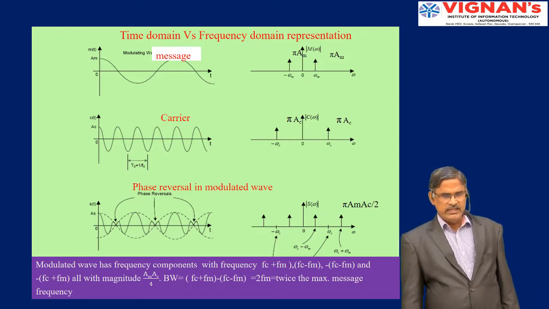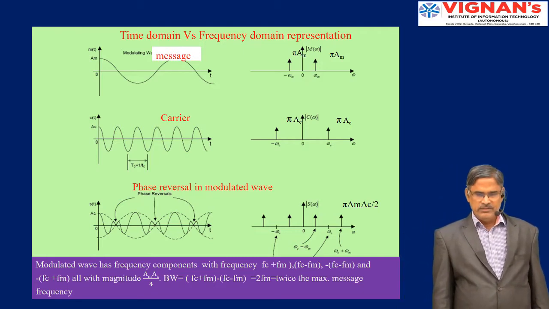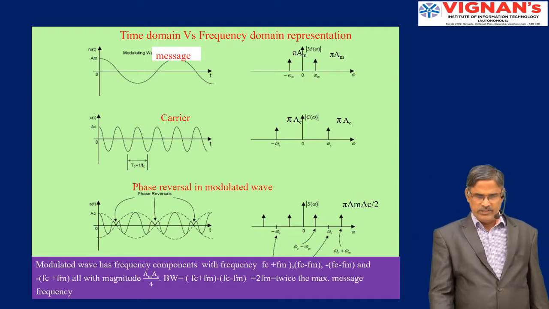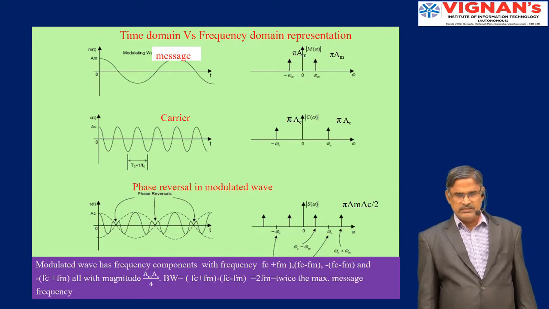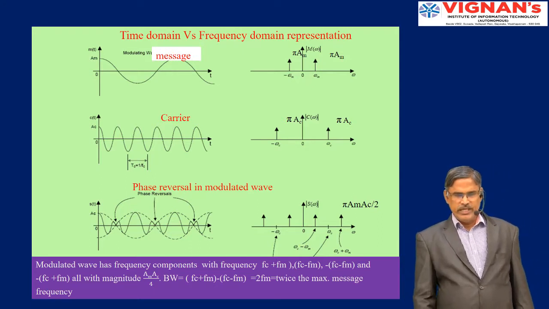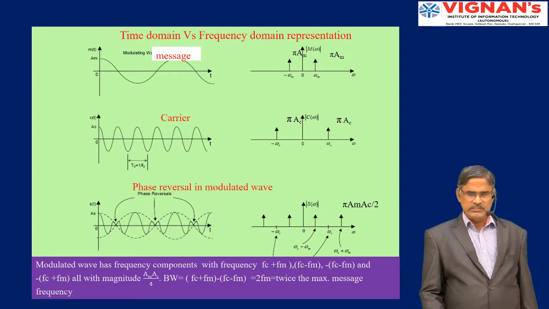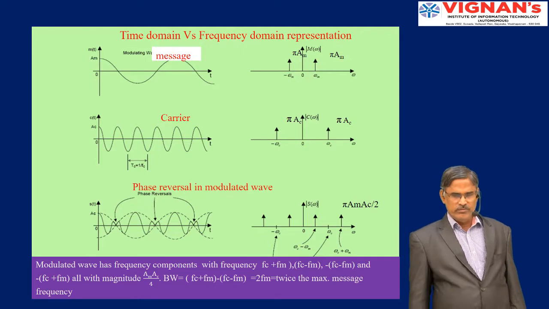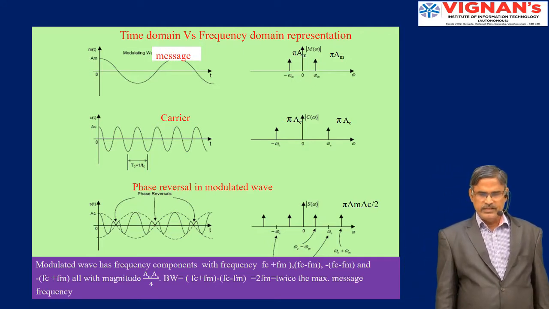So for the message signal, Am cos omega m t, that is giving two impulses at omega m and minus omega m in frequency domain with the strength pi Am. If it is frequency f, the strength will be Am by 2, two impulses with the strength Am by 2. Because it is omega, Am by 2 is multiplied by 2 pi and you are getting pi Am.